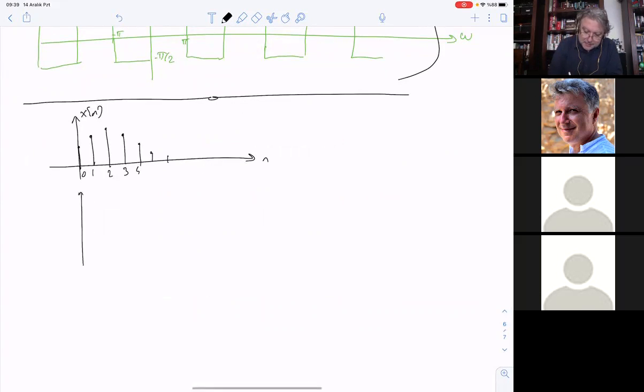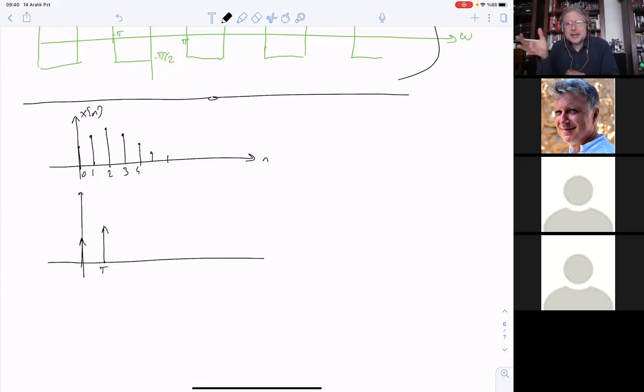Let's assume that capital T is this much. This is at capital T. Of course, capital T shouldn't be more than 1. It has to be something like 0.001 seconds, in terms of milliseconds or microseconds, because the frequency content should be like that. But nevertheless, I will just try to make an illustration here.